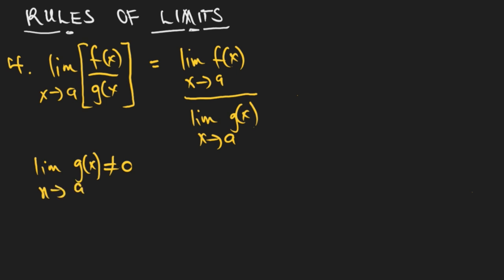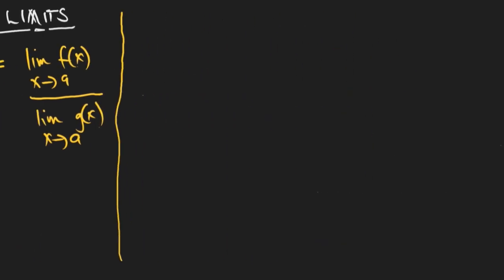So for example, if I have an example like find the limit of x squared minus 1 over x plus 1 as x approaches 2, this is simply, I just substitute.